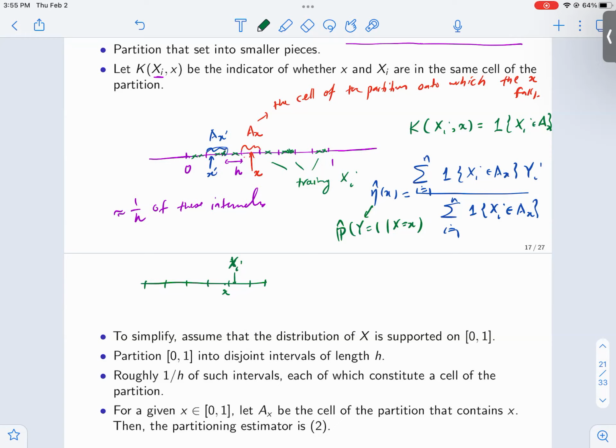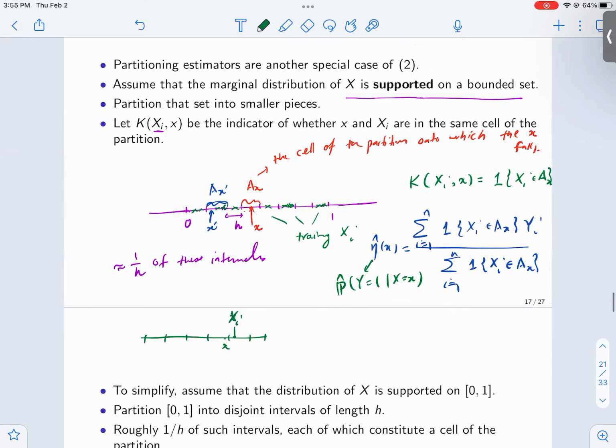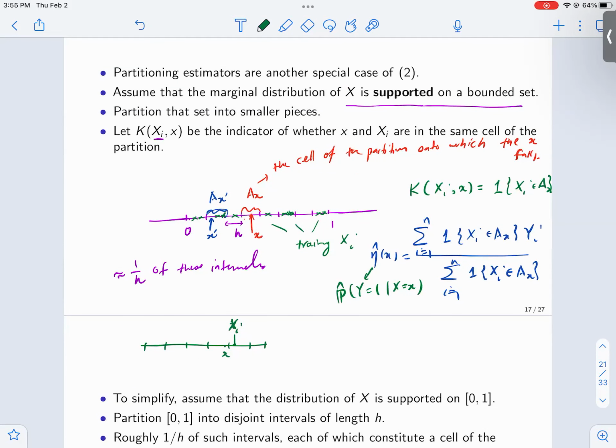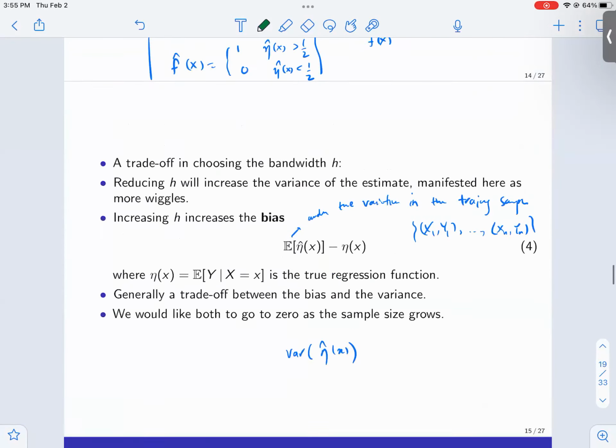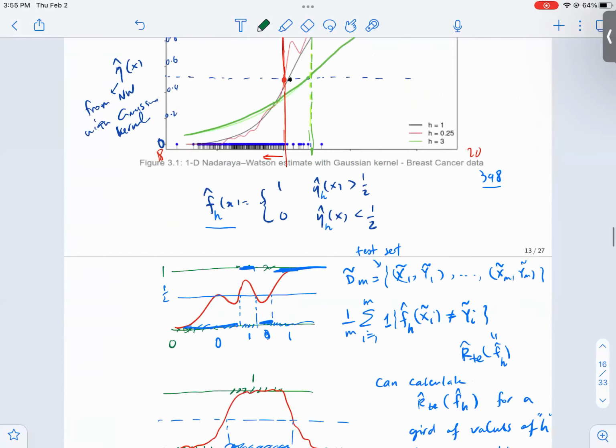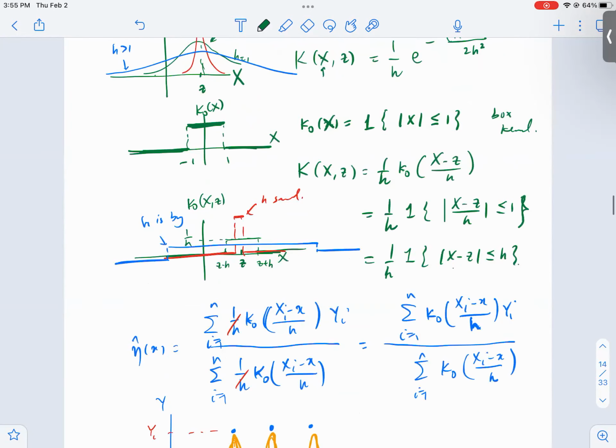But this is actually going to work fairly well. Depending on the type of thing, it's not the optimal thing to do, but we'll see. The reason I'm introducing it is that this is the easiest to analyze among all of them, but it captures the idea. You can see this H behaves like the bandwidth, very similar to the bandwidth of the box kernel that we looked at.